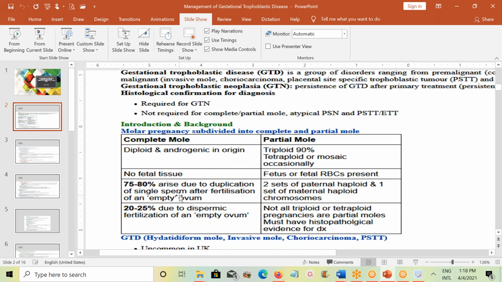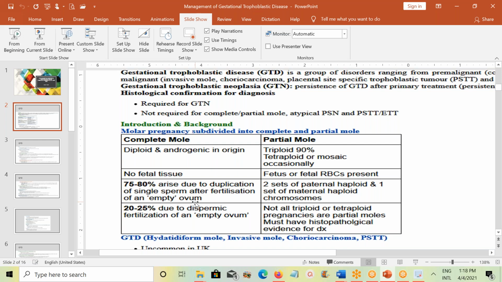So one sperm entered, and then the one divided into two. Ideally, when there is no maternal ovum, an empty ovum is there, so no chromosomes, the number will be 0.